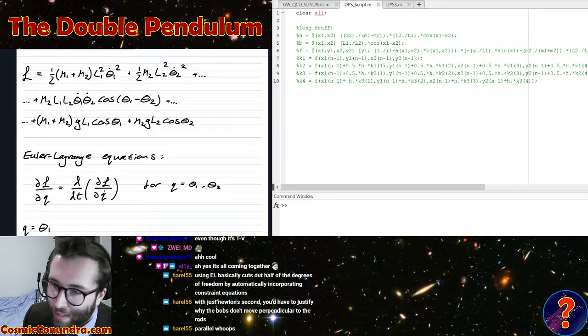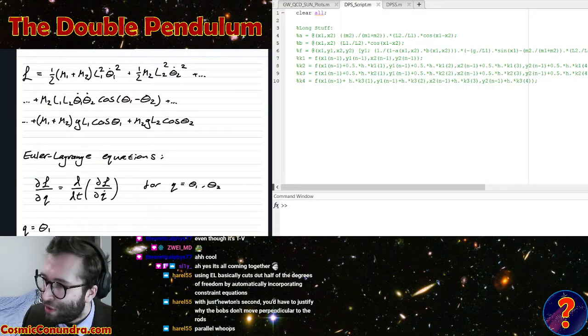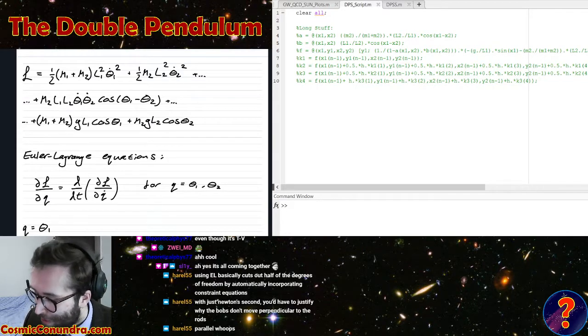I can't think of an example, but I see what you mean. But you can do things with rigid rods in Newton's laws quite straightforwardly as well. You just set the length of the rod, the position of the bob, to be constant radially. But yeah, I see what you mean.